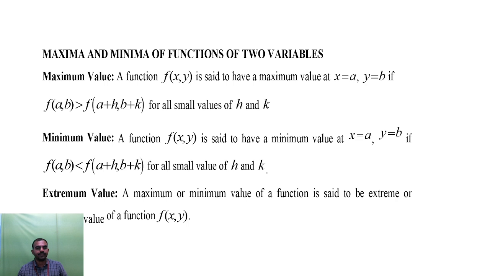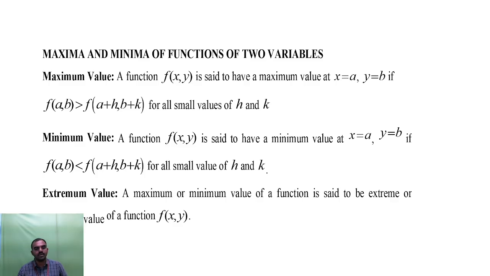First, we will see the maxima and minima of functions of two variables. What is the maximum value? A function f(x, y) is said to have a maximum value at x = a, y = b if f(a, b) is greater than f(a+h, b+k) for all small values of h and k.